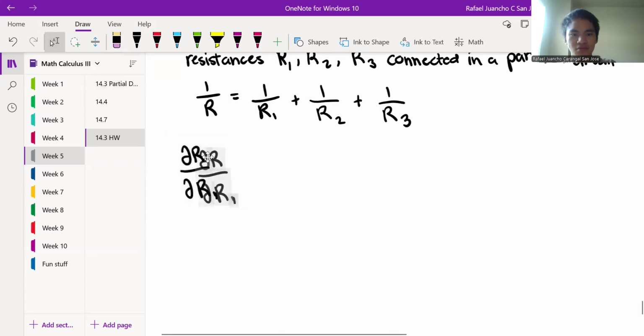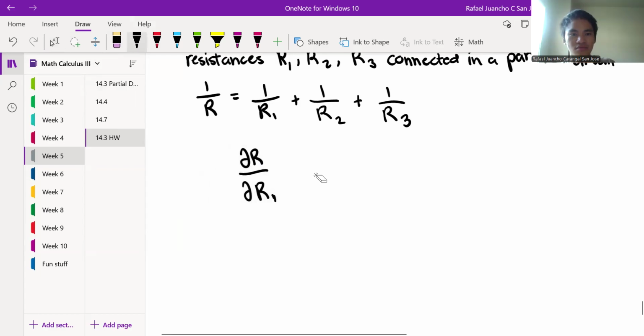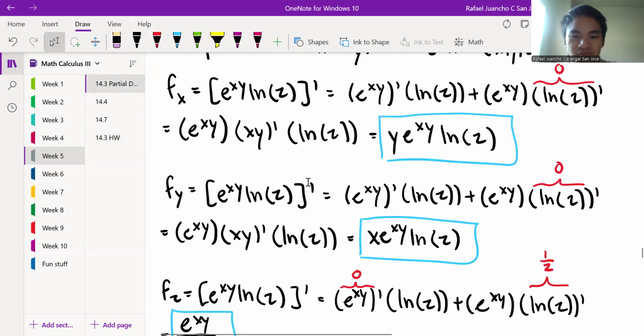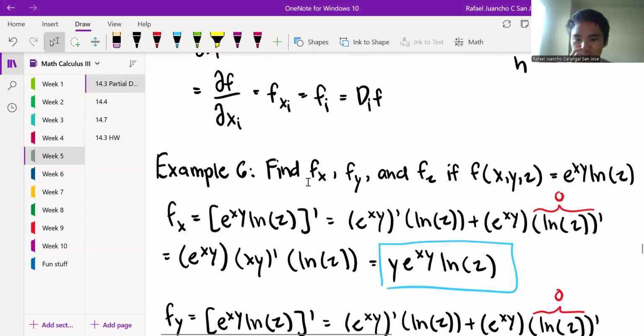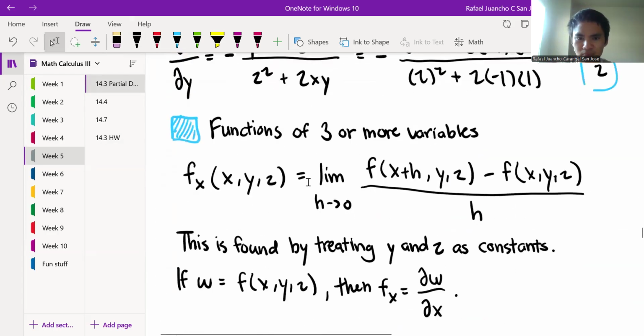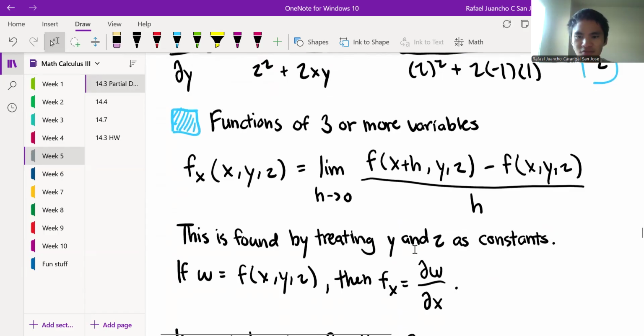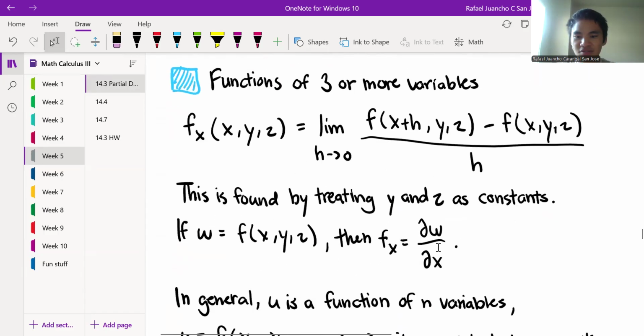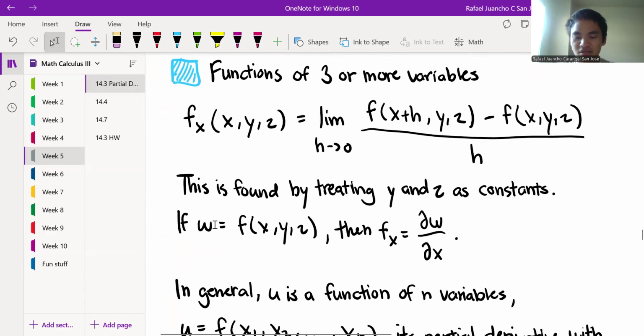Okay. Let me review for a bit. What in the world did I do? Okay, given three variables, we treat two of them as constants. We have a certain output.